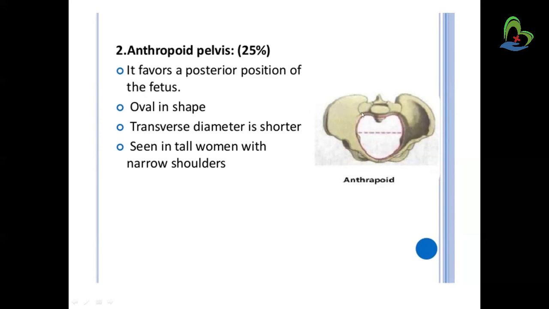So this type of pelvis is mostly favorable to the posterior position of the fetus. The shape is oval and the transverse diameter is very short. This type of pelvis is mostly seen in tall women and women with narrow shoulders.